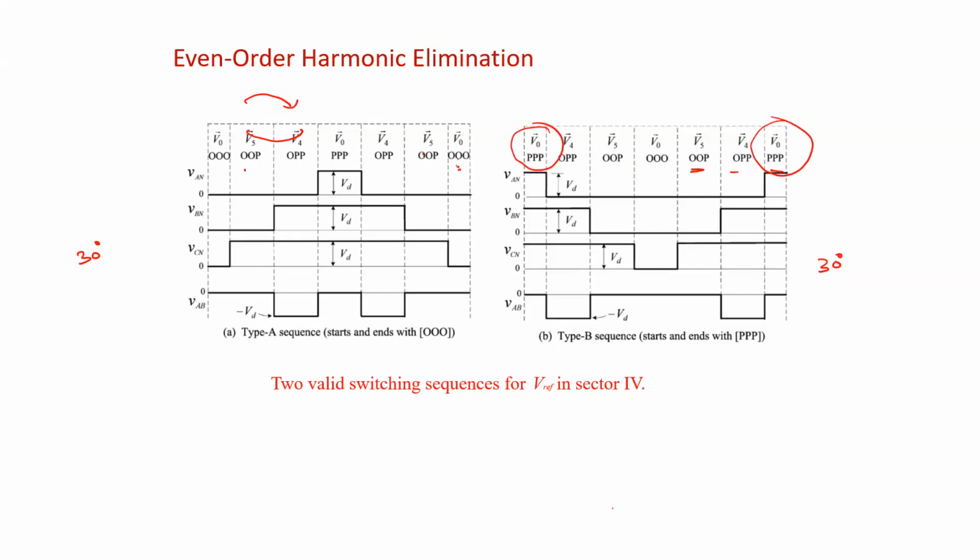So what we did is divide each sector into two parts. In the first 30 degrees, we applied one thing so that it starts with 0, 0, 0 and ends with 0, 0, 0. In the remaining 30 degrees, it starts with PPP and ends with PPP. So what is the additional switching loss with this?